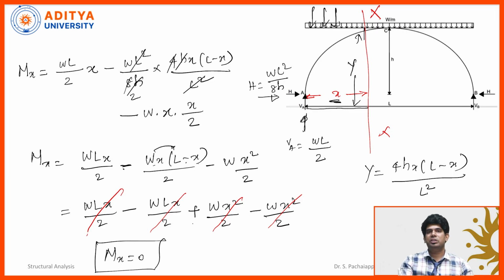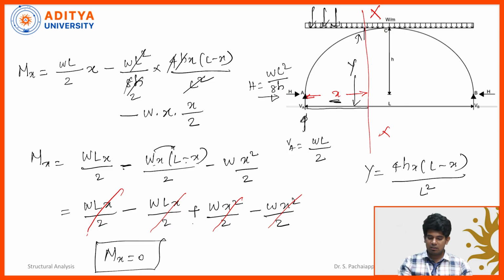So this is an interesting concept, because if you consider two-hinged arches, we are going to have bending moment anywhere across the cross section. But here, the bending moment at the XX section is 0, because whenever there is a hinge, it is not going to allow transfer of any moments.